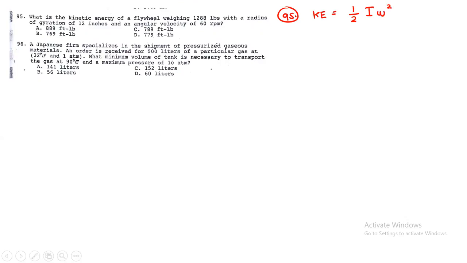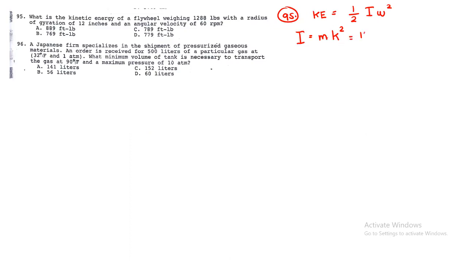So may formula pa tayong ganyan. Then using radius of gyration, so para makuha yung inertia, so inertia is equals to m times radius of gyration squared. So yan yung mk squared kapag where k is radius of gyration.